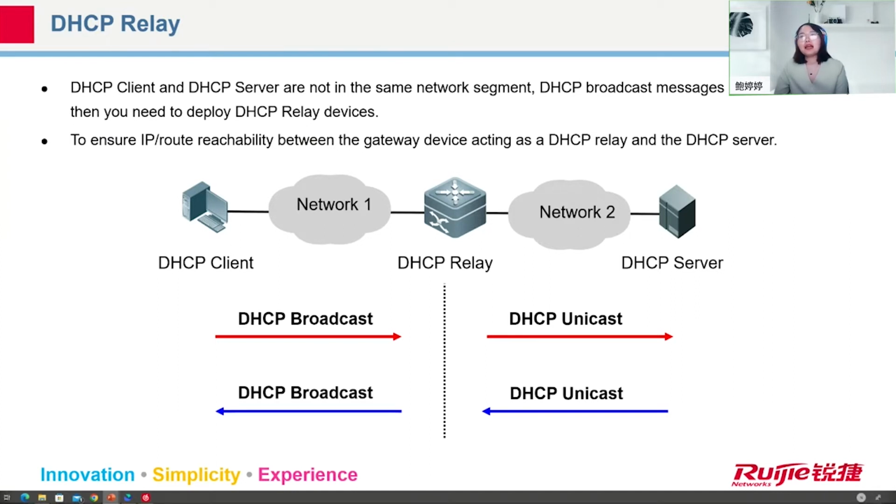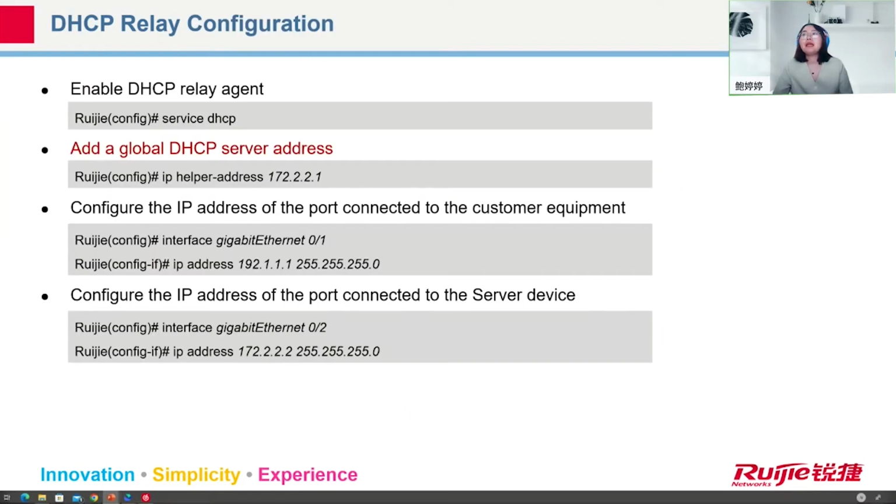In this scenario, the client and the server can be in different networks, maybe different IP segments, maybe different VLANs, it doesn't matter. But you have to use a command to let the device become a DHCP relay. And the key command is, of course, you have to enable the DHCP relay agent.